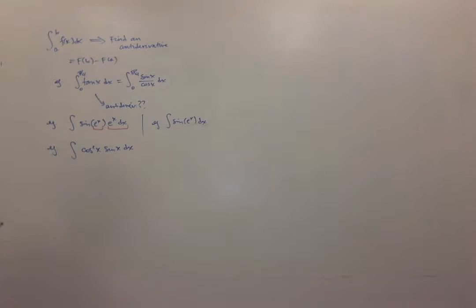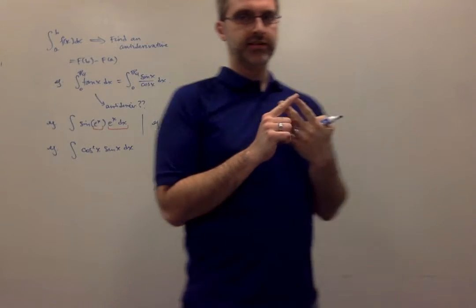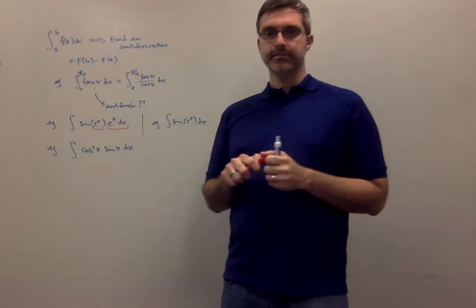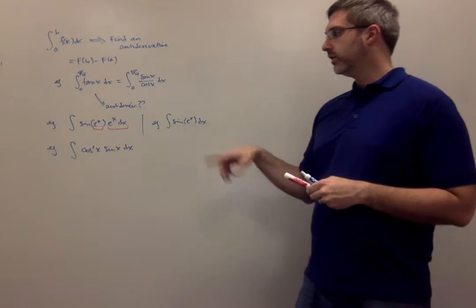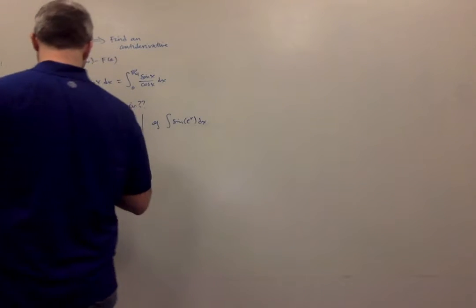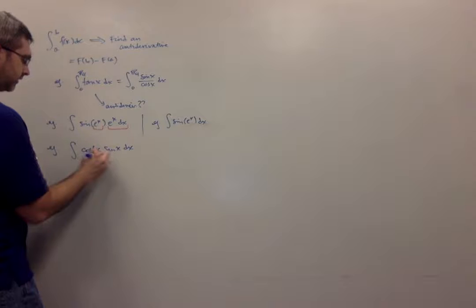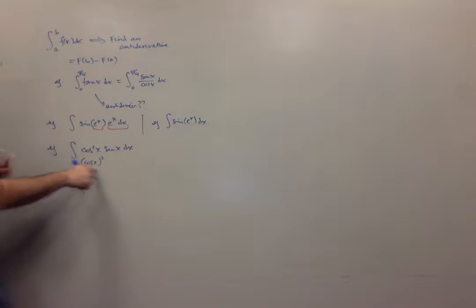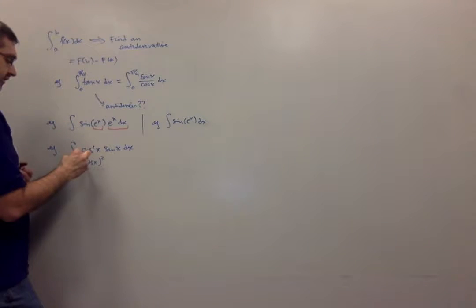Now, if we don't immediately have a rule for it, if the rule is not in that list that I have, and it's not a constant times one of those things or a sum, then I actually have to do some work. And what you'll notice here is that I do have a composition, and the inner function, again, to make sure this is super clear, this notation just means cosine of x quantity squared. So there's an inner function here that is cosine.